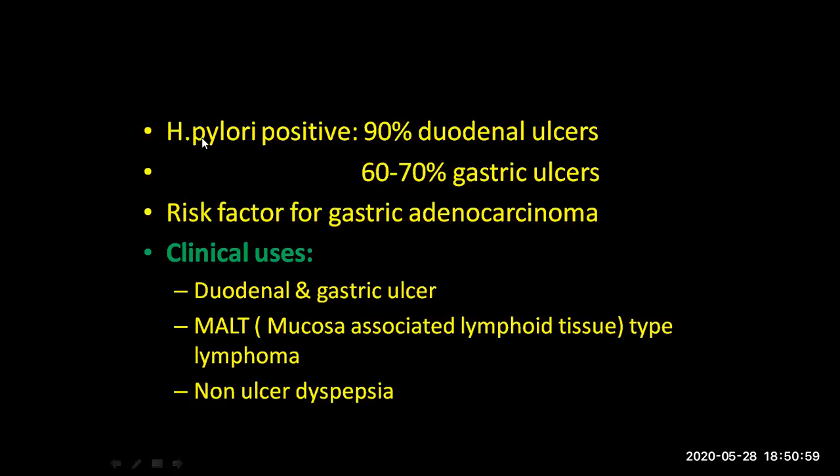H. pylori treatment is useful in duodenal and gastric ulcers, and it is also the only treatment needed for a MALT type of lymphoma, that is mucosa associated lymphoid tissue lymphoma, or maltoma. This H. pylori treatment itself is sufficient and causes disappearance of the maltoma. It is also useful for non-ulcer dyspepsia.